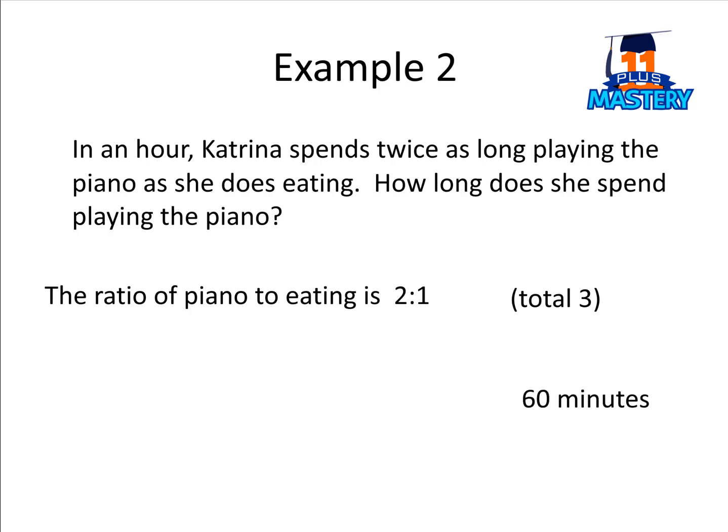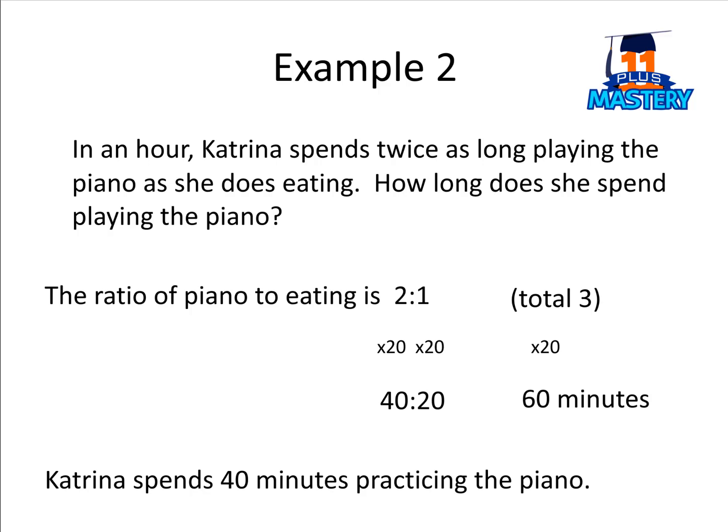To go from 3 to 60, I multiply by 20, so I need to multiply each of the parts by 20. Therefore, she spends 40 minutes playing the piano and 20 minutes eating. So my answer is 40 minutes.